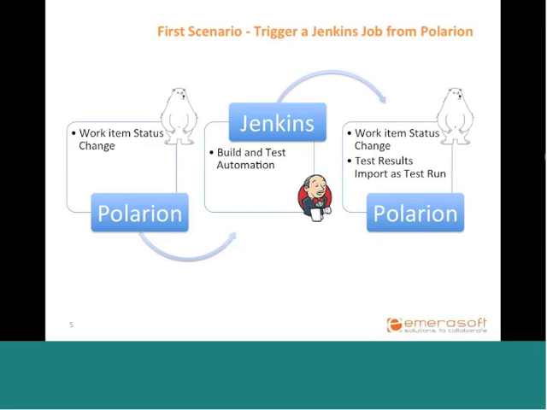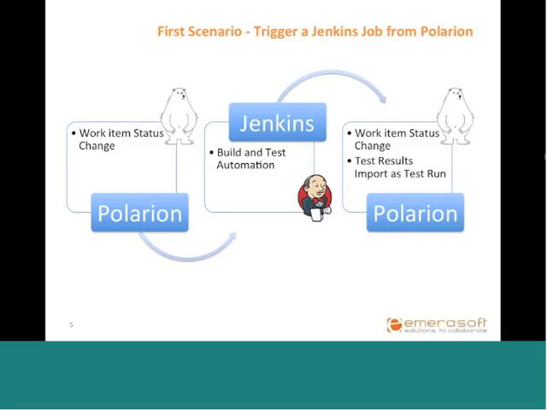It can call the Jenkins job with some parameters in the work item configuration, such as job name, Jenkins servers, and so on. And then at the end of the job, Jenkins can respond to Polarion, modifying the status of the work item or importing the test results as a test run in Polarion.